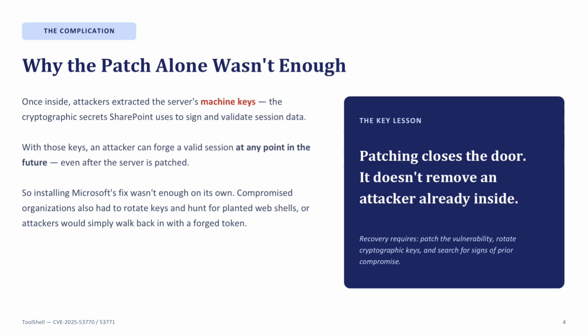Compromised organizations also had to rotate keys and hunt for planted web shells, or attackers would simply walk back in with a forged token. The key lesson: patching closes the door. It doesn't remove an attacker already inside. Recovery requires: patch the vulnerability, rotate cryptographic keys, and search for signs of prior compromise.